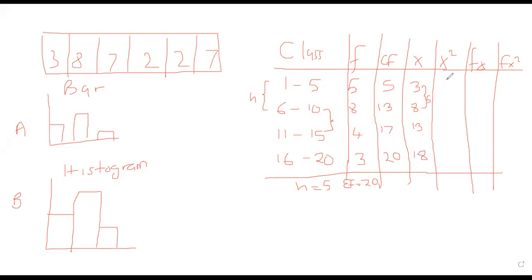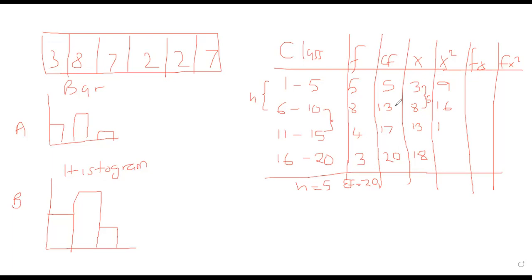Here we are squaring values of x. So x squared, 3 times 3, 9. 8 times 8, 64. Sorry for taking you back. The 8, is it supposed to be squared?